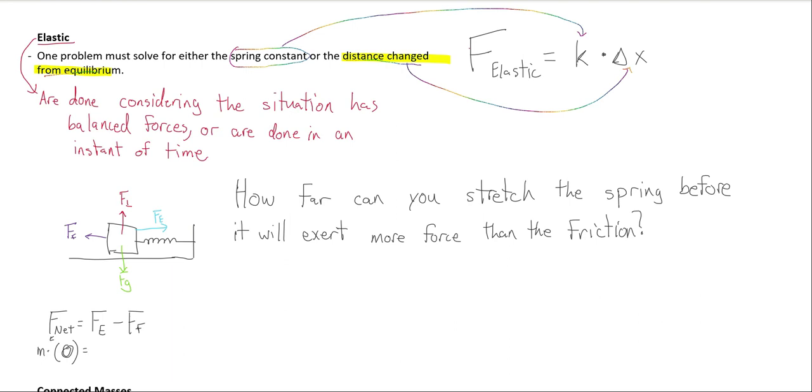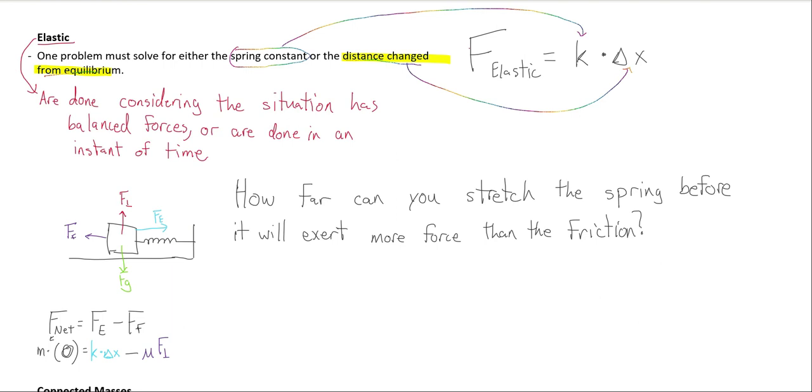Now, what things do I need to know to help me? Well, let's break down each of these formulas. The elastic force is solved with k times delta x. And the friction force has a formula of mu, the coefficient of friction, times the normal force.